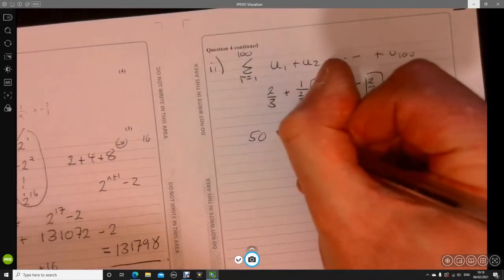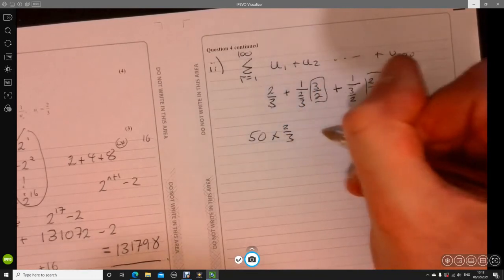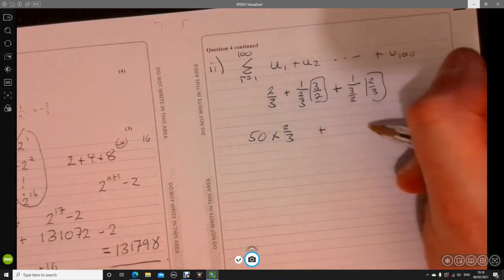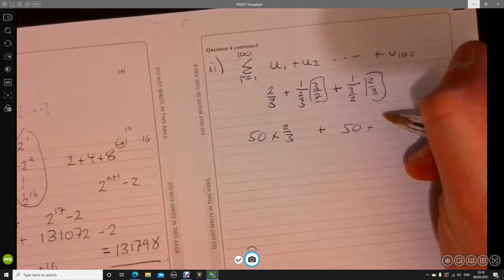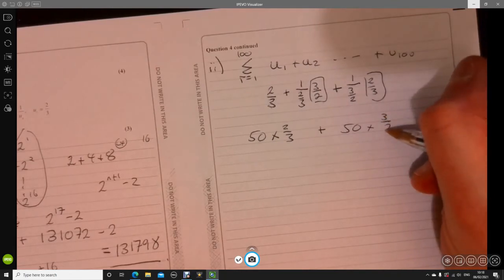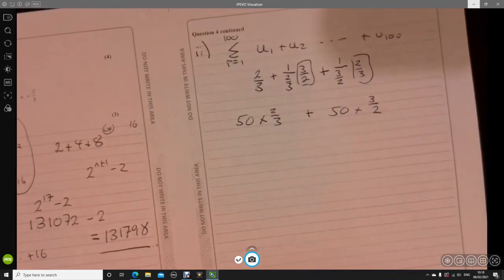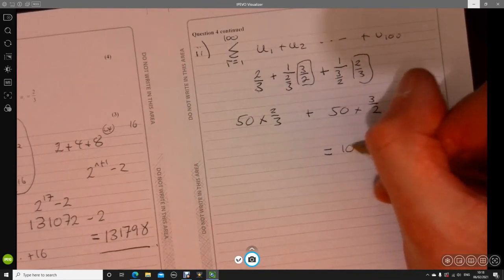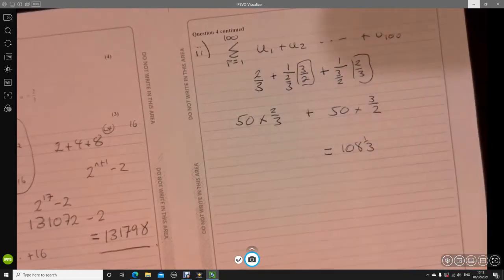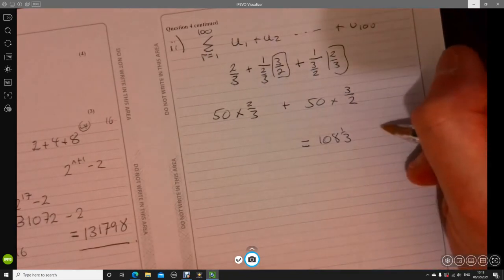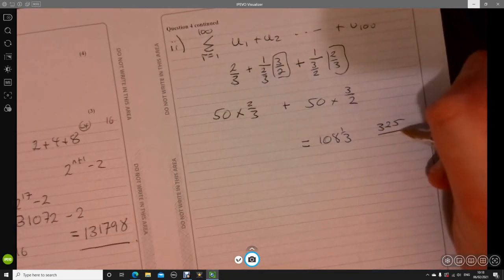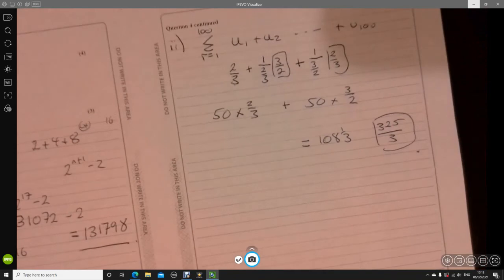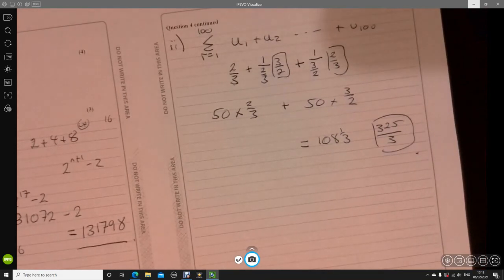So it'd be 50 multiplied by 2 over 3, and then we're going to add 50 multiplied by 3 over 2. And if I work that out, it comes to 108 1/3, or if you prefer, as a mathematician, probably really should write it as a top heavy fraction. There we are.